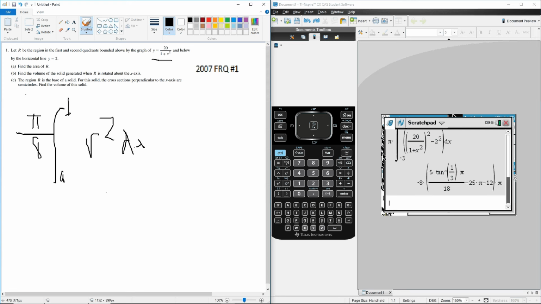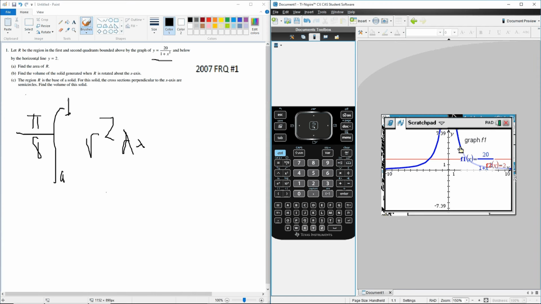So what's going to be our radius in this problem? Our radius is going to be the distance between this graph and this graph, which is actually just going to be 20 over 1 plus x squared minus 2.